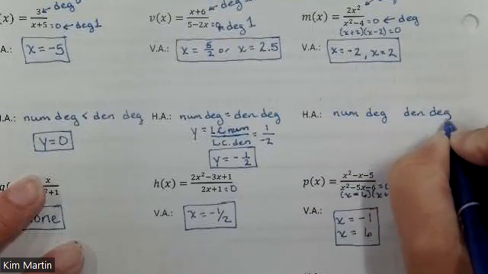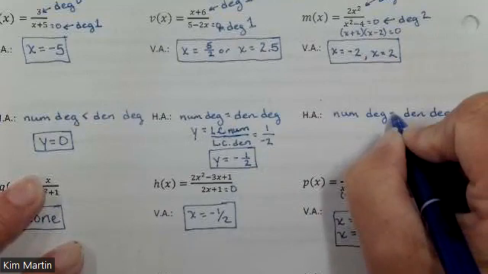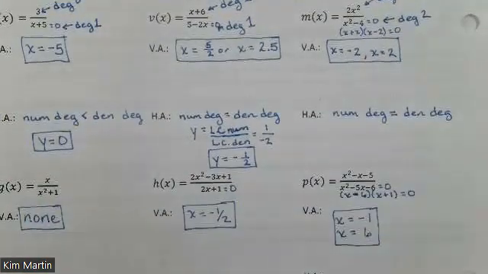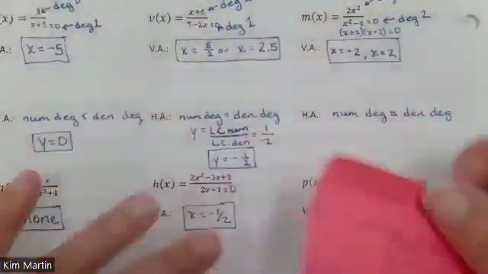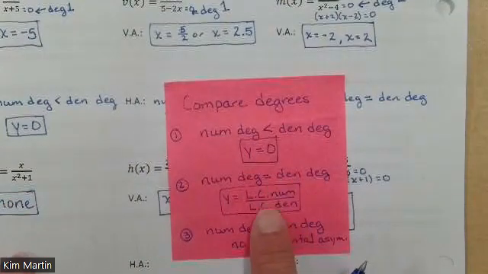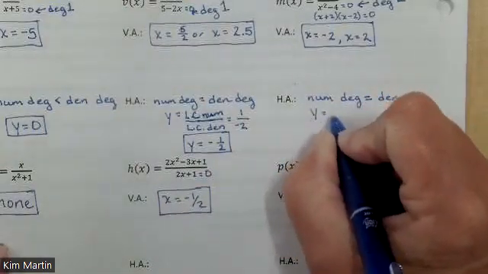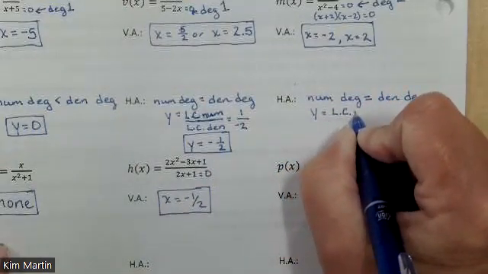They both have a degree of 2. That means the numerator degree is equal to the denominator degree. So you go to your handy dandy notes. What do we do when they're equal? Leading coefficient of numerator over the leading coefficient of the denominator. So y equals this. And again, I wrote it.